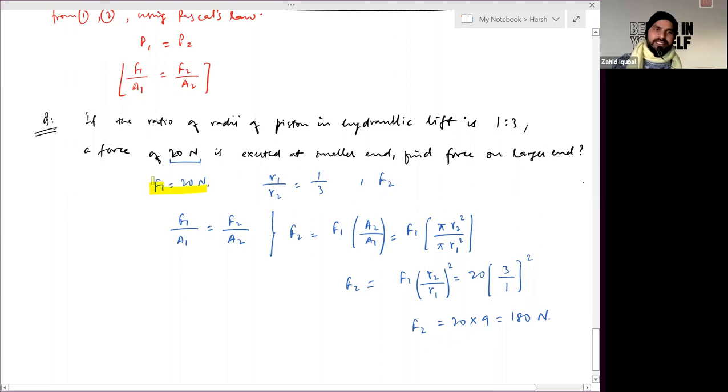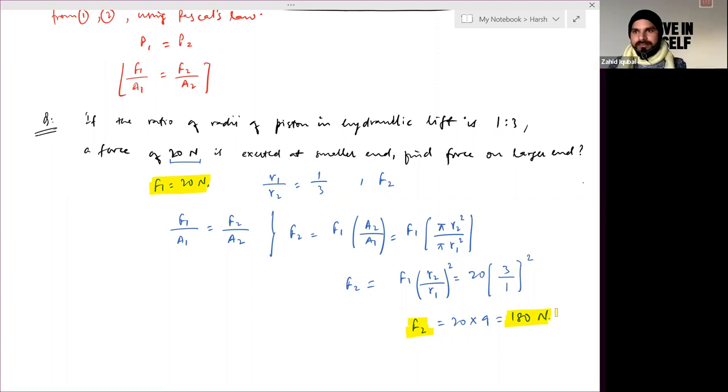Initially, we have just applied 20 Newton, and how much are we getting? 180. So you'll say, by exerting a very small amount of effort, we can generate an enormous amount of force to uplift a very heavy object easily.